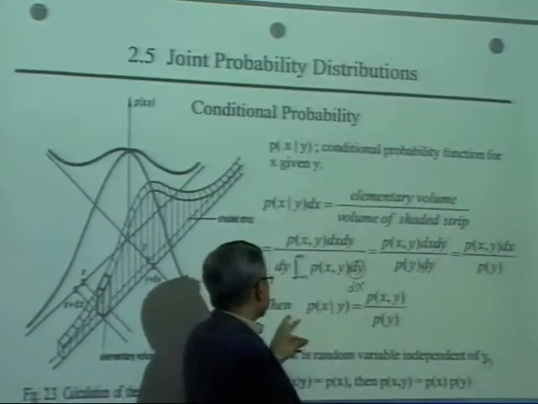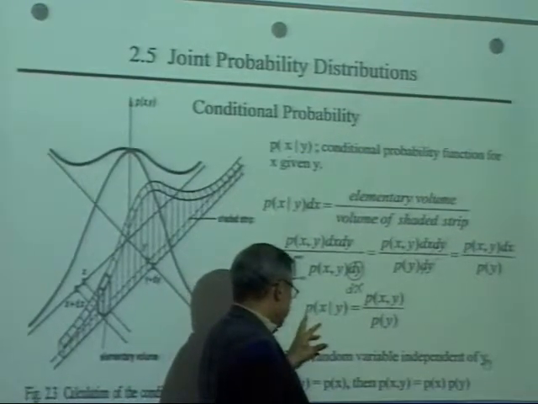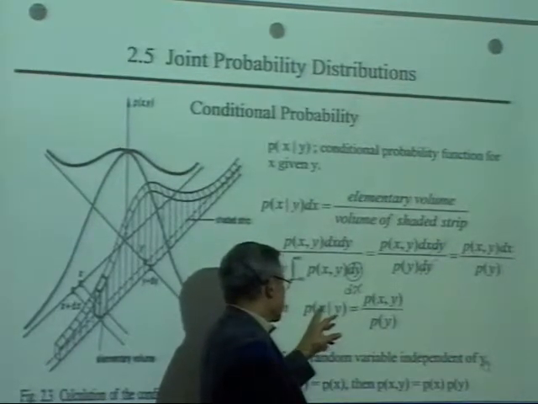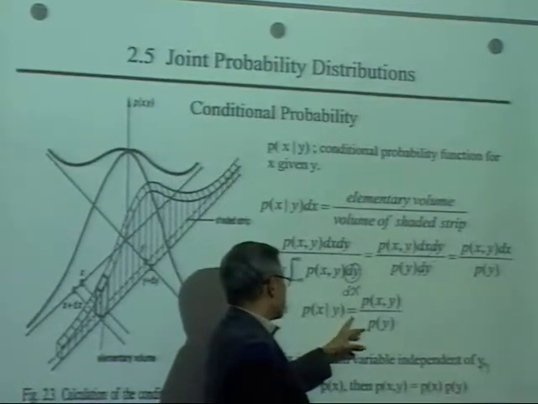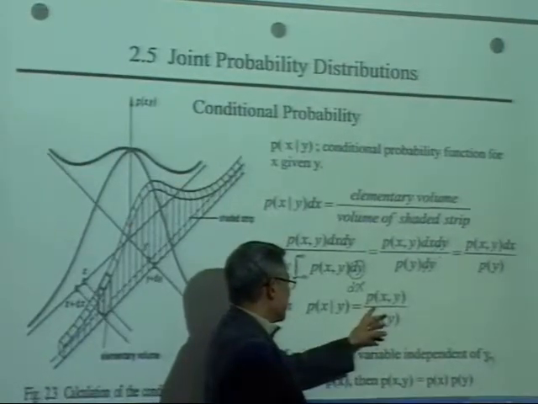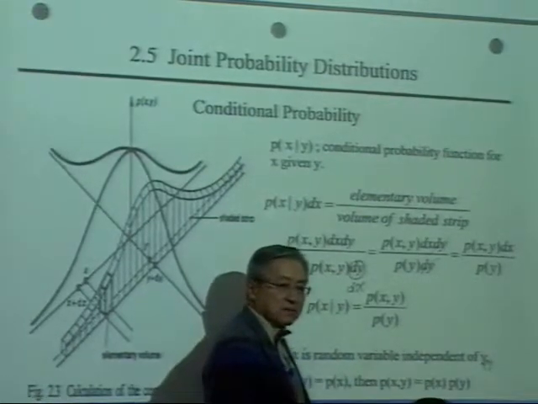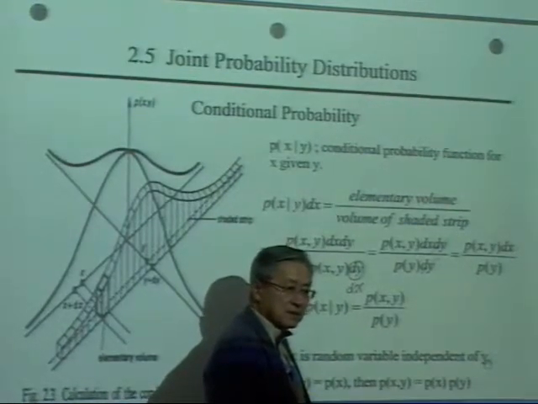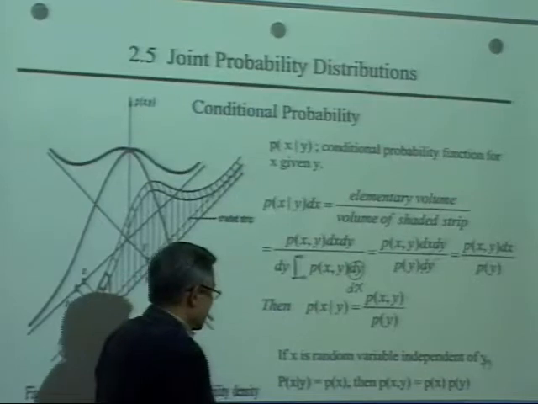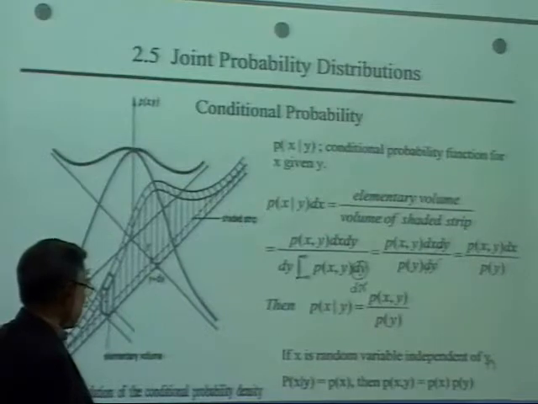So this reduces down to the conditional probability density function of x given y, which is equal to p(x,y), the joint probability density function, divided by p(y), the probability density function of y. After you understand it once, that's all you need to know.